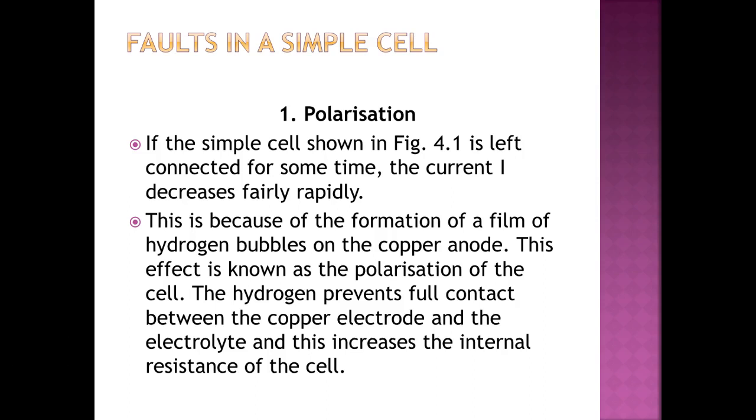Internal resistance is the resistance that occurs within the cell, the opposition of current flow within the cell itself, and it leads to draining the energy. You cannot get the full current of the cell.